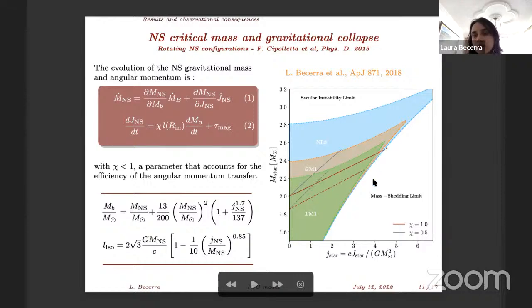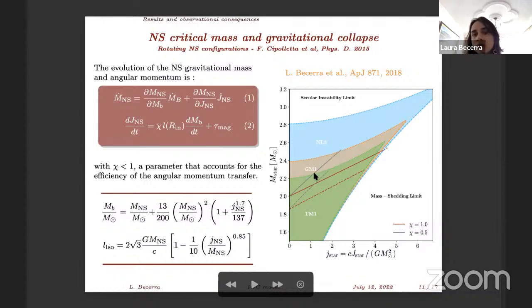But if this accretion of angular momentum is not so efficient, there are some losses of angular momentum through jets or something else. The stars in this case are going to reach the secular stability limit.